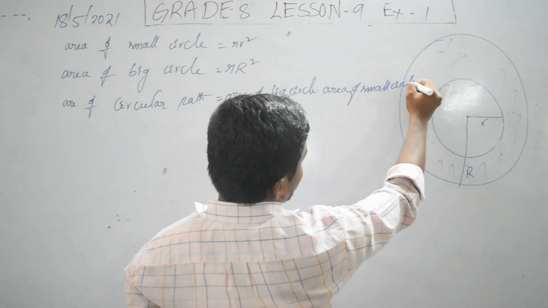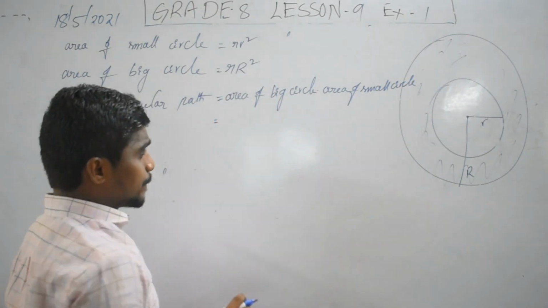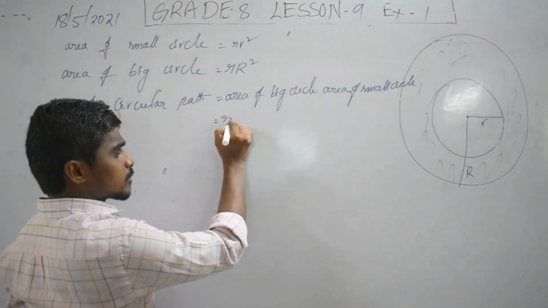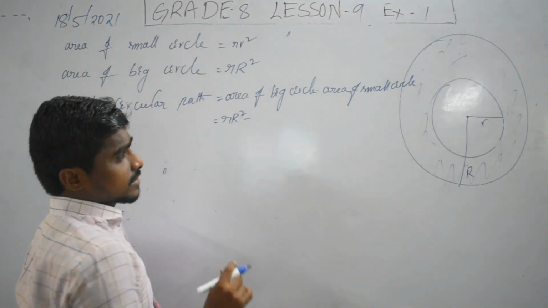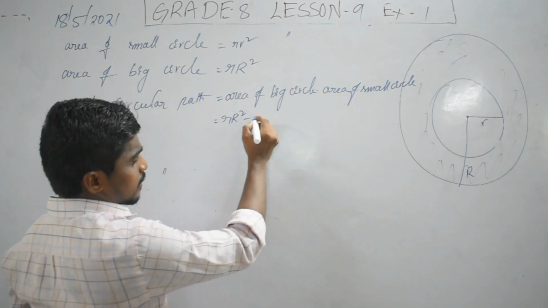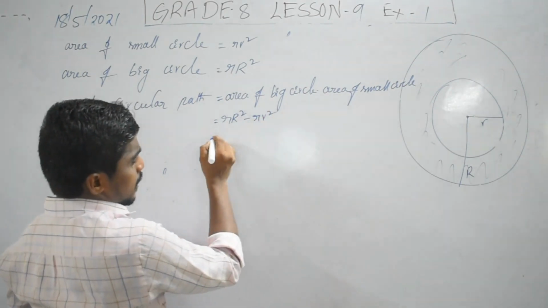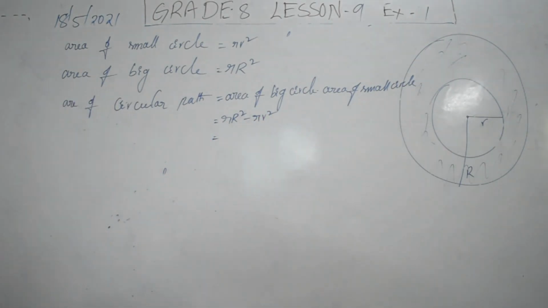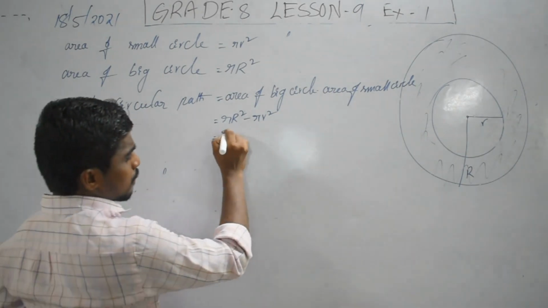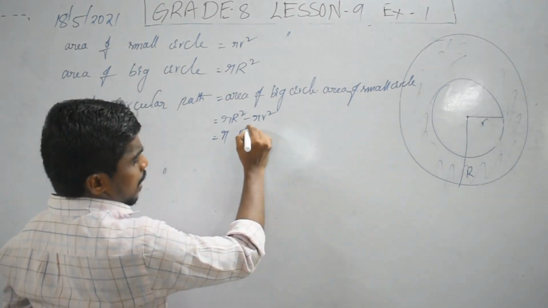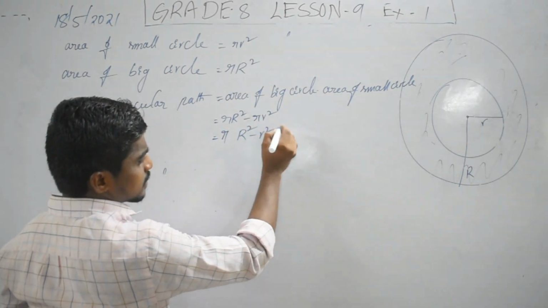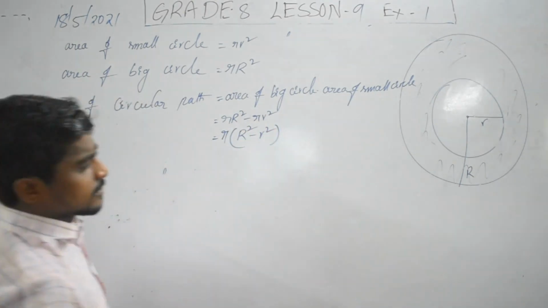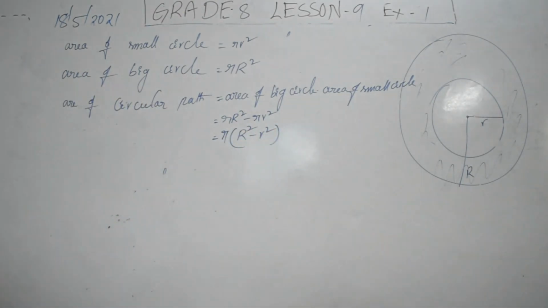Simply derive: area of the big circle pi R square minus area of the small circle pi r square. Here common what? Pi. So pi common, R square minus r square. That is the area of the circular path.